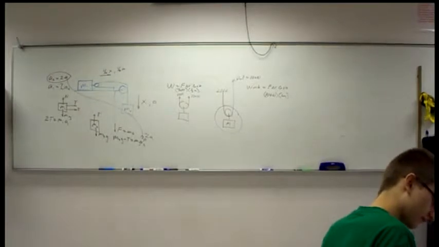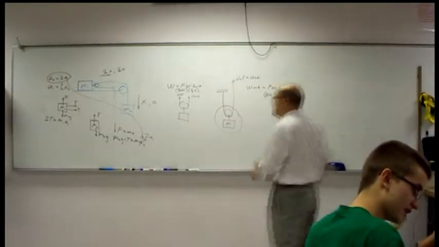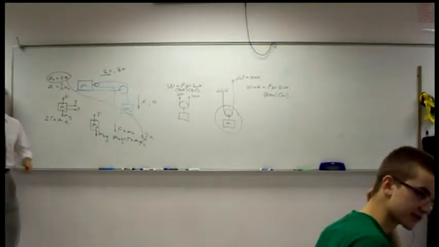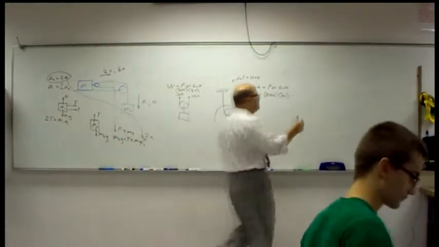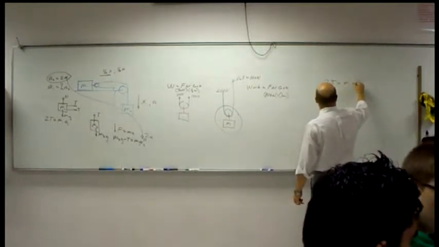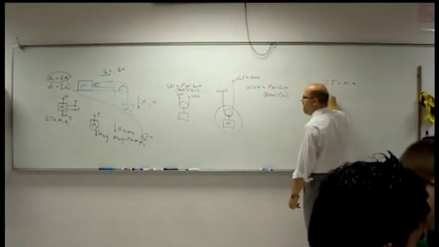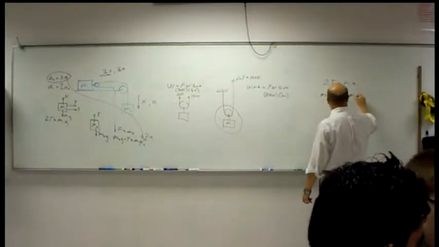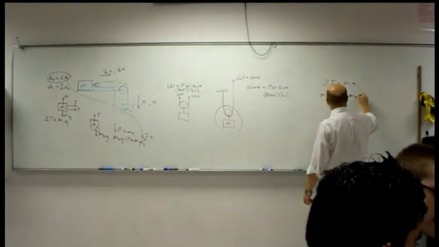Okay, we actually have three equations and three unknowns. We have 2T equals M1A1. We have M2G minus T equals M2A2.